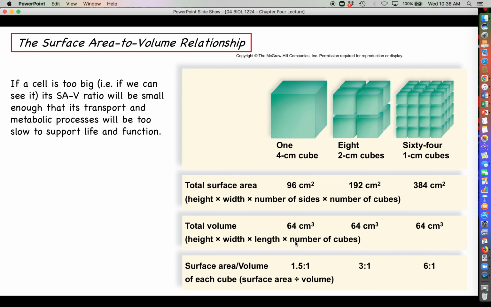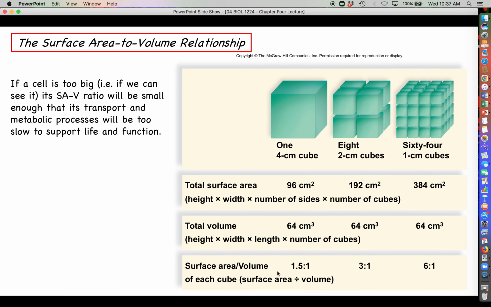Well, look what happens to these numbers as we take that same cube and divide it up into 8 individual units or 64 individual units. You can see that the total surface area increases without changing the total volume involved.